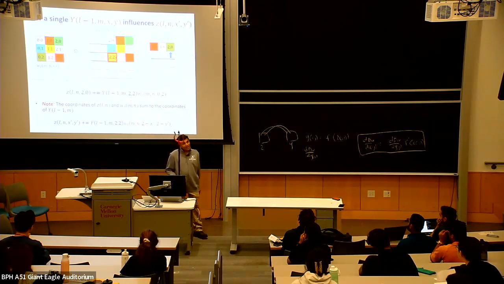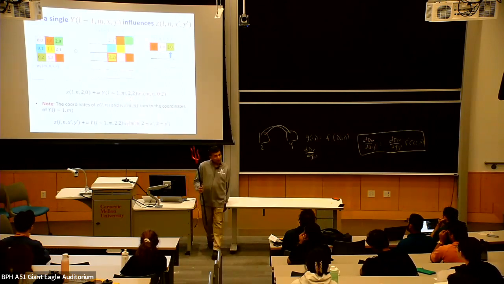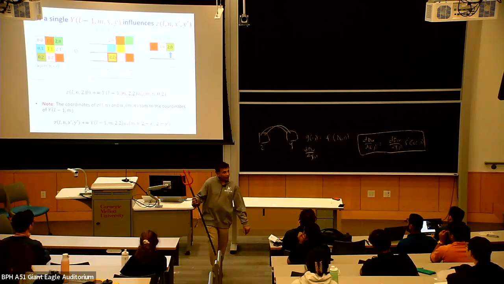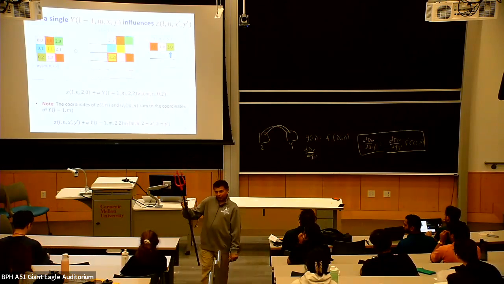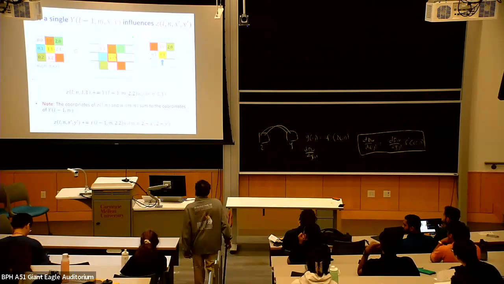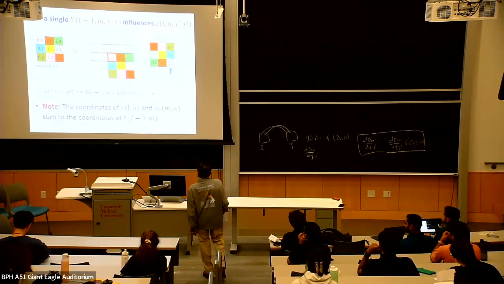So the index of the output and the index of the filter sum up to the index of y. Do you see that? Every single time. And so you can see this visually. You can just follow this.